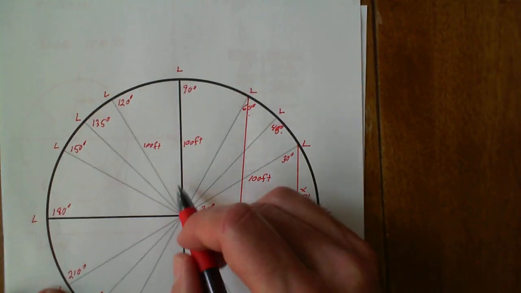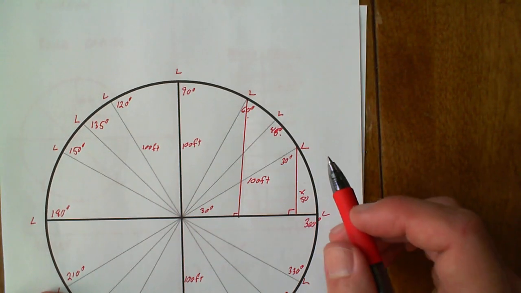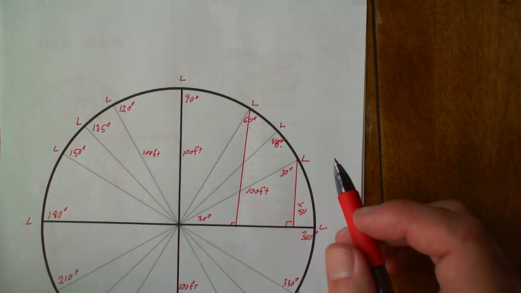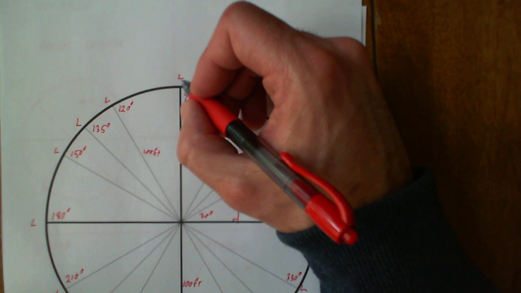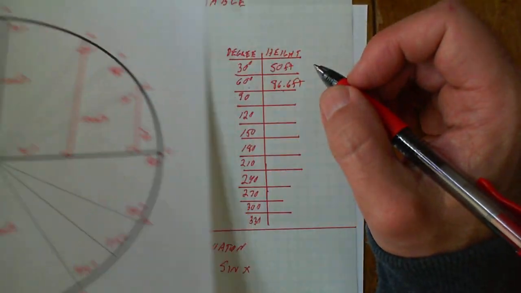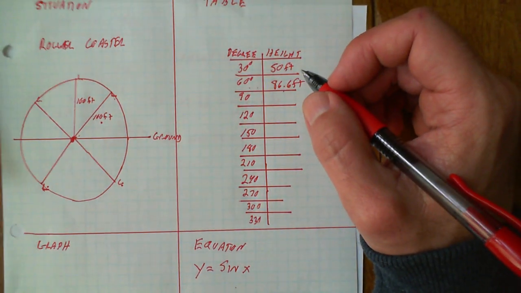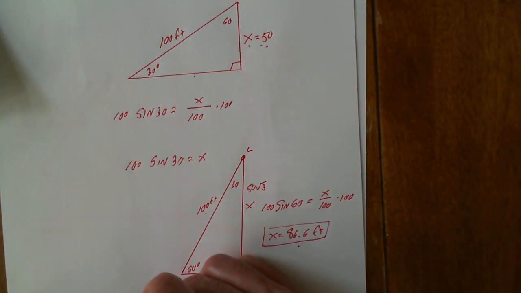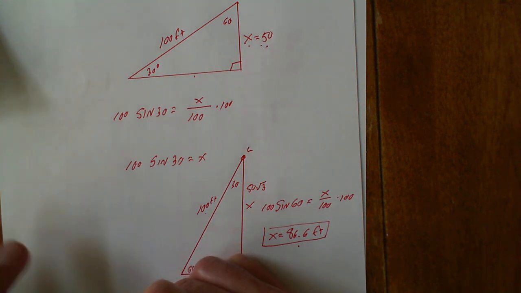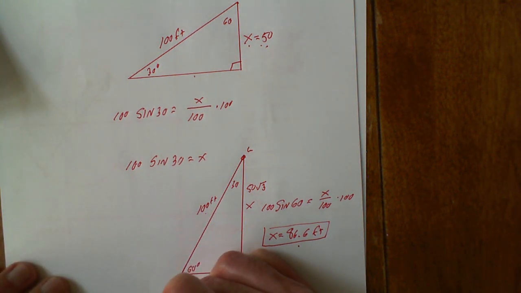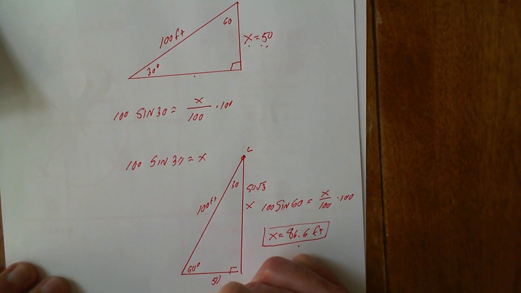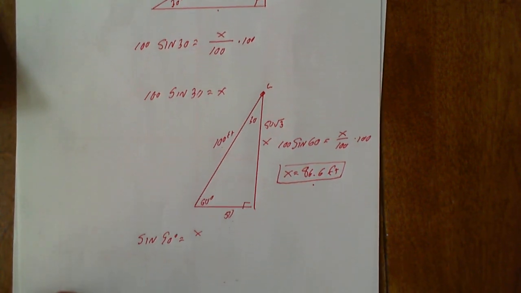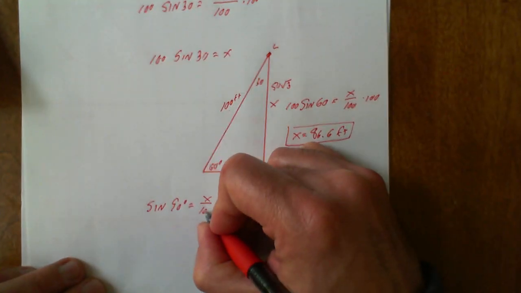90 degrees is right here, right? Can't really make a right triangle out of that, but let's see if we can make a calculation. So, how high is this person right here? So at 90 degrees, how would we calculate that? How do you make a triangle with 90? You can't really, but the way we would write that is sine of 90 degrees equals x over 100.